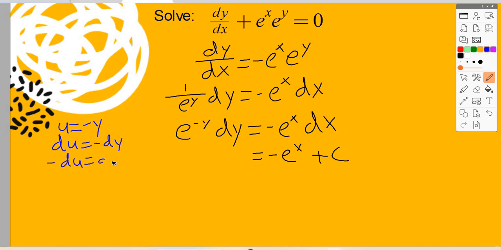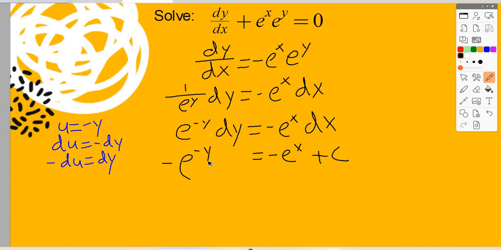So basically, we just have to have an extra negative on the front of that, because then the antiderivative of e to the u is still e to the u, and I just replace my u with negative y again. And for the most part, we would leave that one like that. We could simplify it a little bit if we wanted to solve for y.